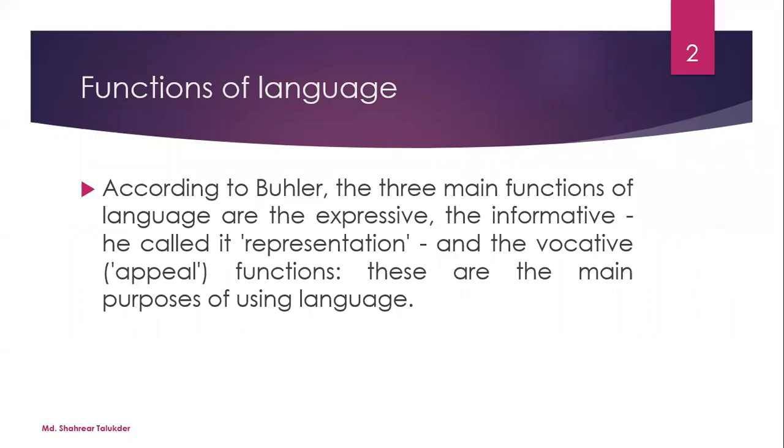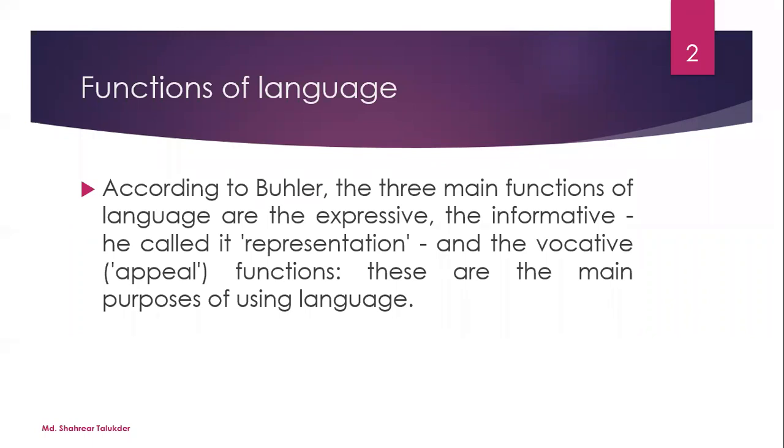Now, among these, you can see the informative has another name. We also call it representation. And informative means it will be full of information, right? Expressive means that it will express emotion, or whatever you find in the source text, so you will try to express it also. You will transfer or transmit that expression into the target text.